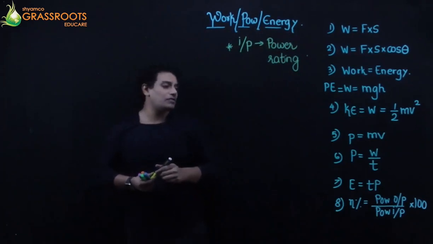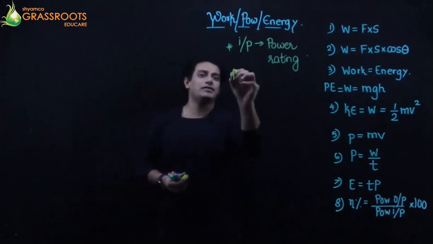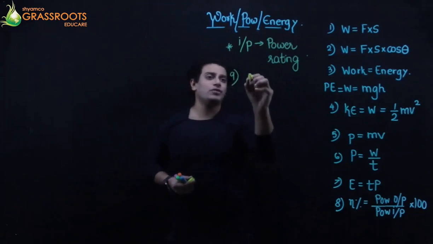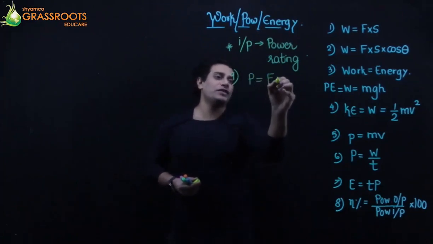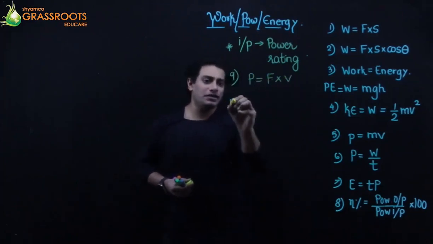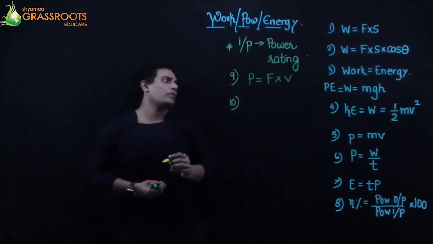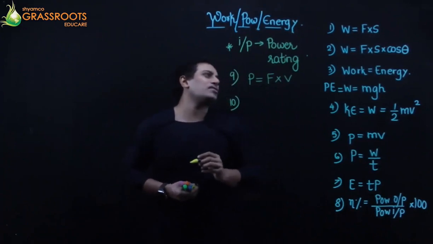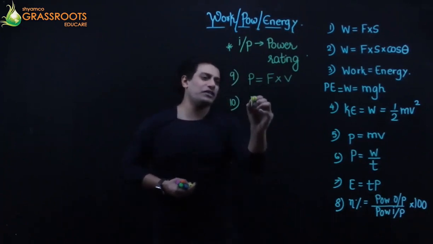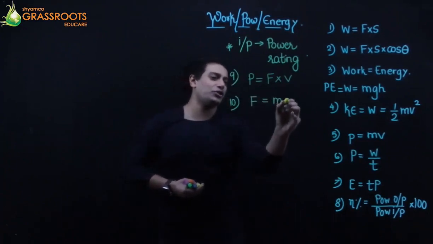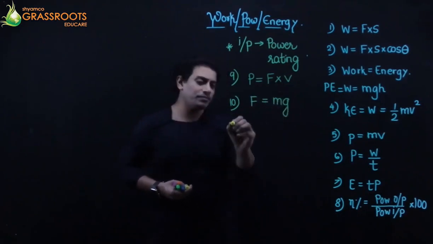Next, after this, the ninth formula is power is force into velocity. 10th formula, force can be written as mass into acceleration due to gravity, mg.